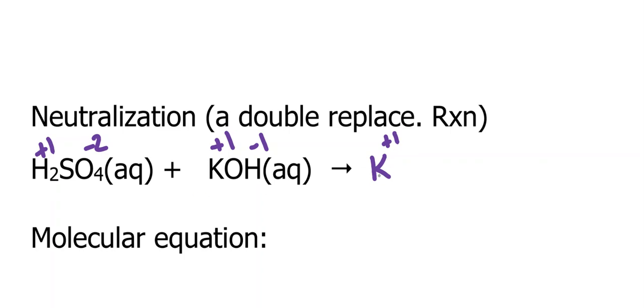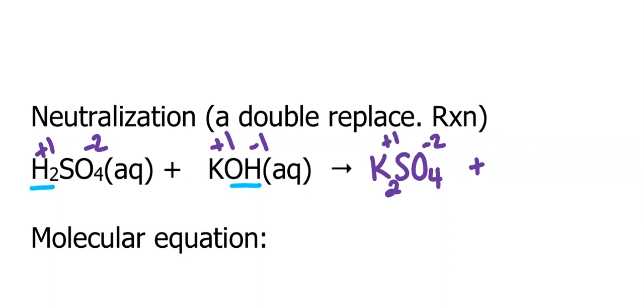Anyway, so I've got potassium, and I'm going to put that with sulfate. Since sulfate has a -2 charge, to get a good formula, I need the 2 there for the potassium.